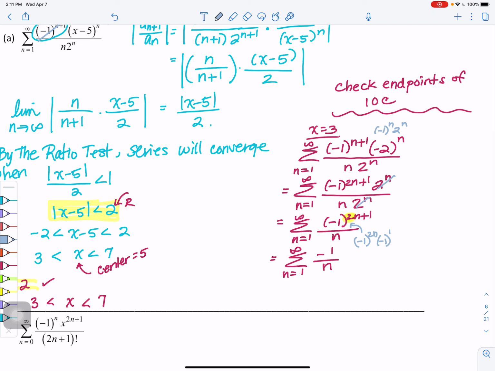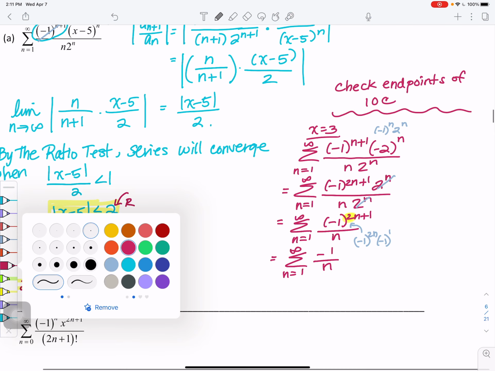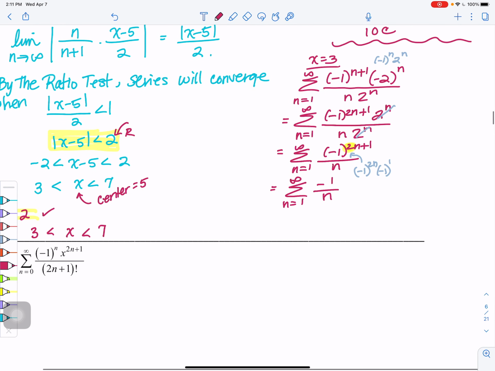And this is a p-series, and that is divergent. And what would we write there?